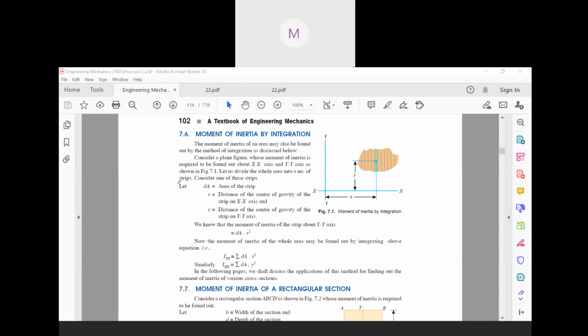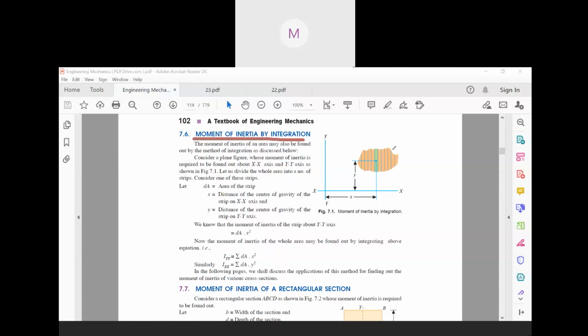So how will you find out the moment of inertia? By integration. For finding it by integration, you have to consider this one.